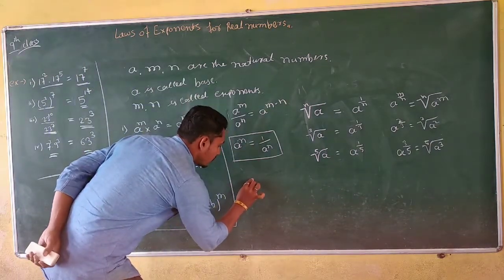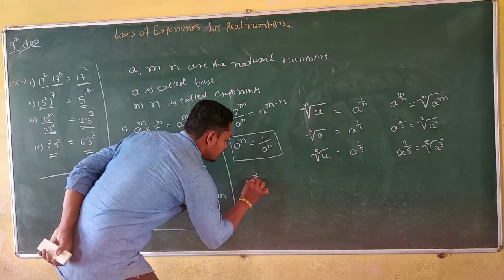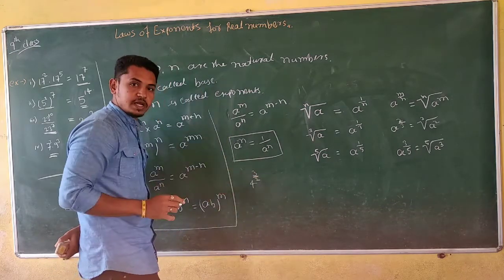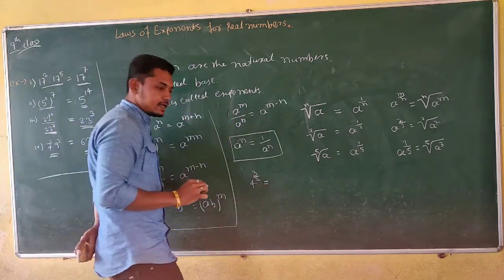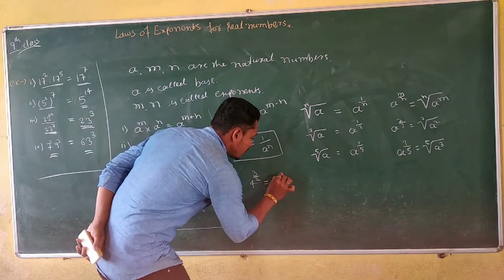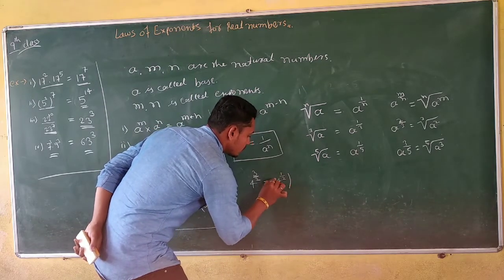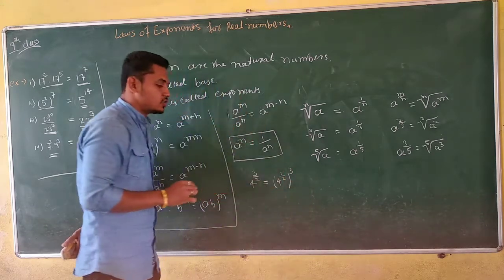See here, 4 raised to 3 divided by 2. It can be written as 4 raised to 1 divided by 2, the whole bracket raised to 3.